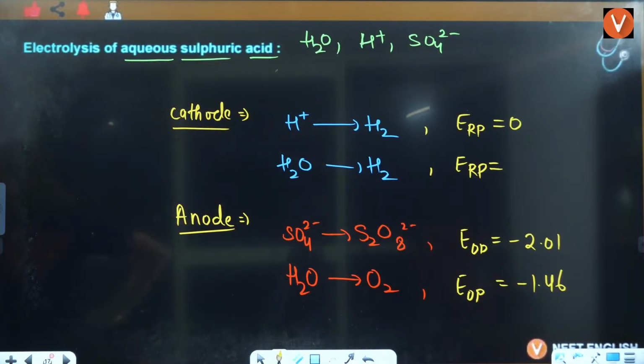What is the answer? H2O to H2. Let's see, Katya, Asinath, let's see if you guys can answer this or not. I really hope you answer right. I'm waiting for your answers.